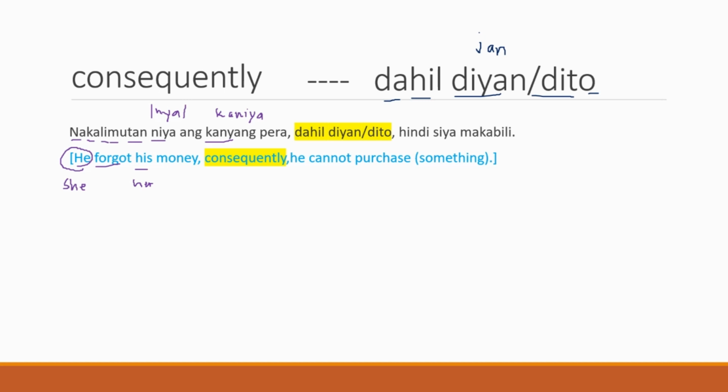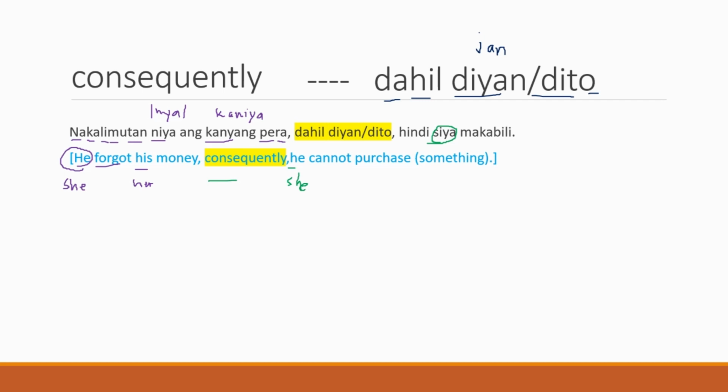And pera is money. Dahil dito, dahil dyan, consequently, he cannot purchase. He is for siya. Siya could be he or she.